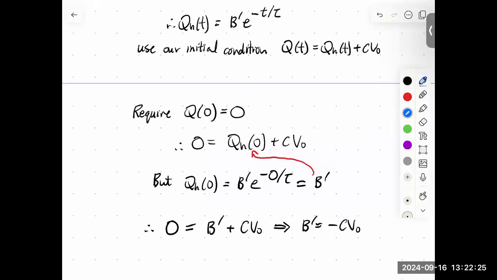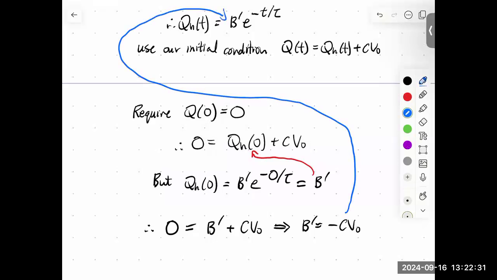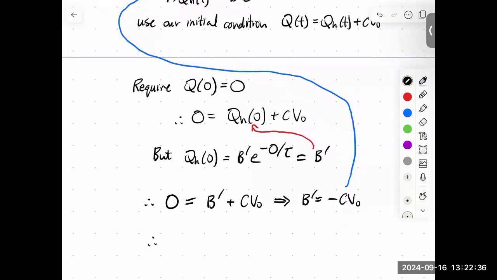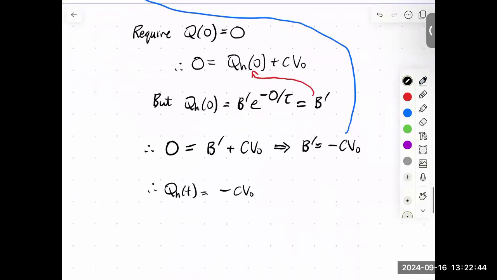And we can take that solution for b prime and we'll stick it in right there. And so therefore, QH of t is b prime, which is minus CV0 times e to the minus t over tau.